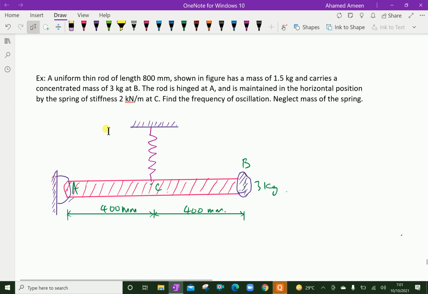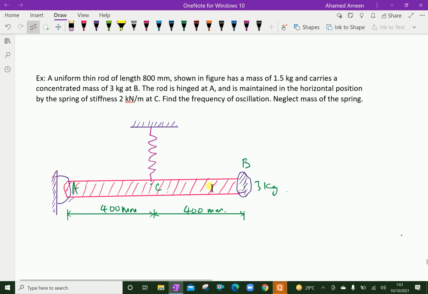A uniform thin rod of length 800 mm shown in the figure has a mass of 1.5 kg and carries a concentrated mass of 3 kg at B. The rod is hinged at A and is maintained in the horizontal position by a spring of stiffness 2 kilonewton per meter at C. Find the frequency of oscillation, neglecting the mass of the spring. Look at this figure.